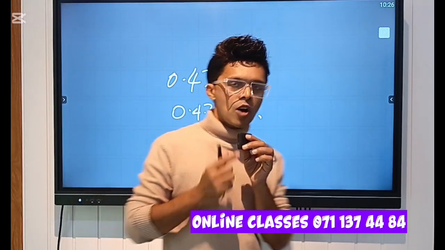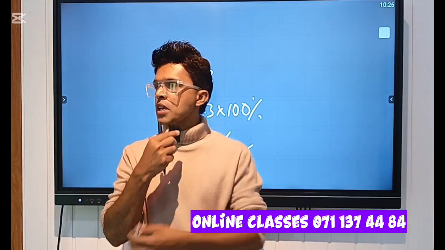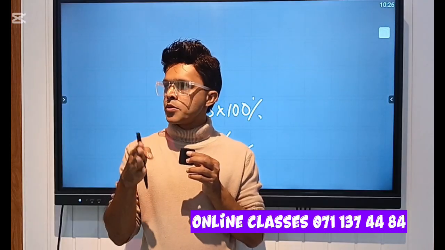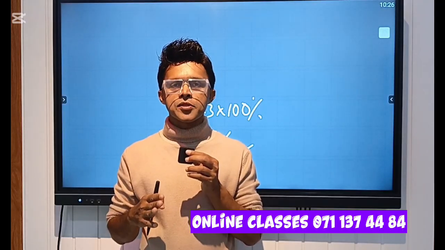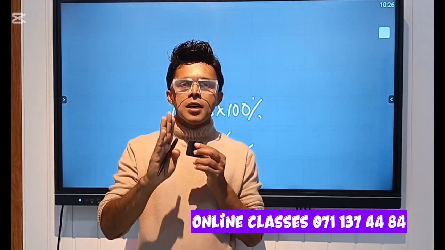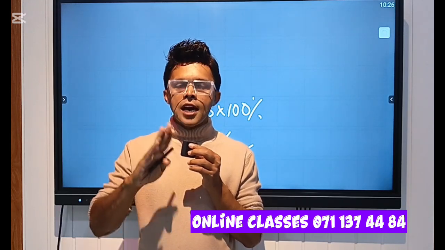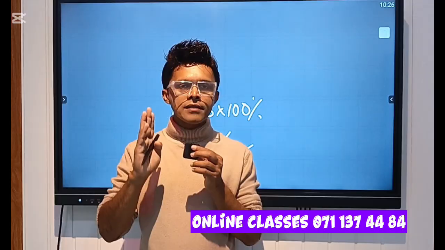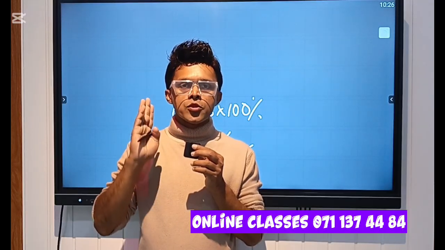Now you know how to write a fraction as a percentage, a decimal number as a percentage, and a percentage as a fraction. This is the segment of percentages you need to know in grade 7 math.